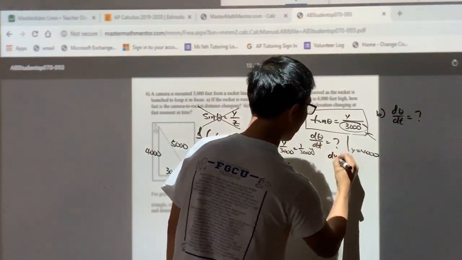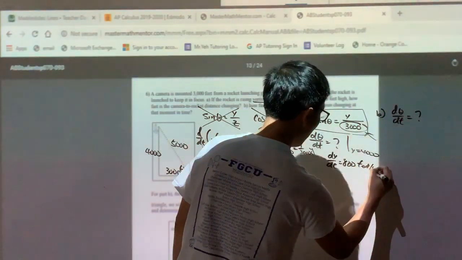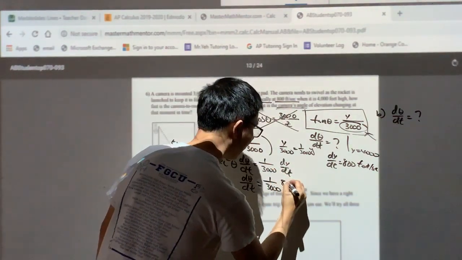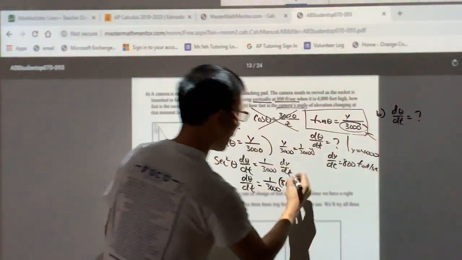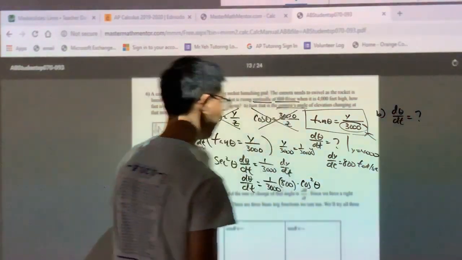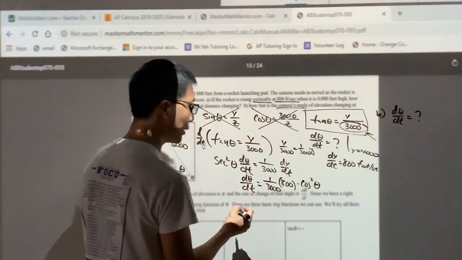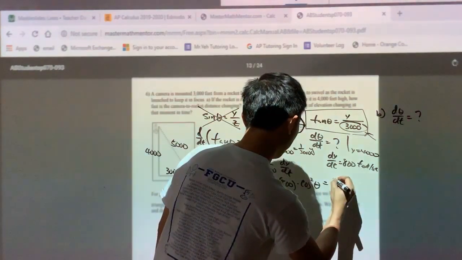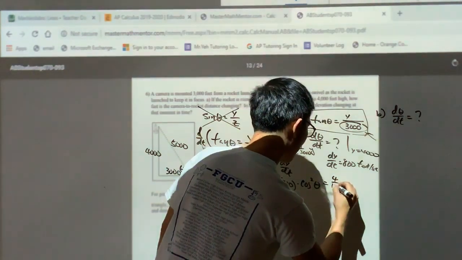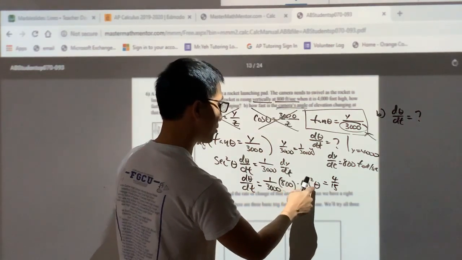So I'm going to multiply this by 800 and times, if I divide by secant on both sides, the same thing as saying cosine squared of theta. This 100 is going to cancel out 8 over 30, which is 4 over 15. So this part is going to be 4 over 15 times cosine squared of theta.